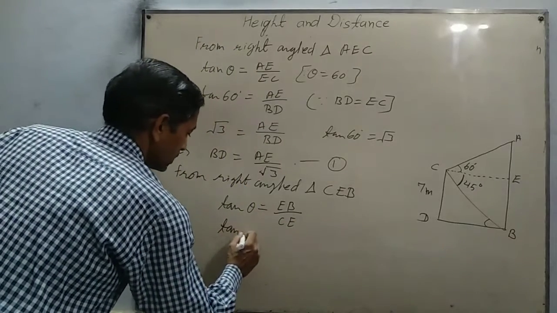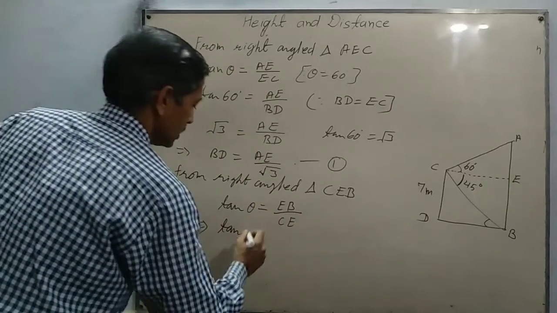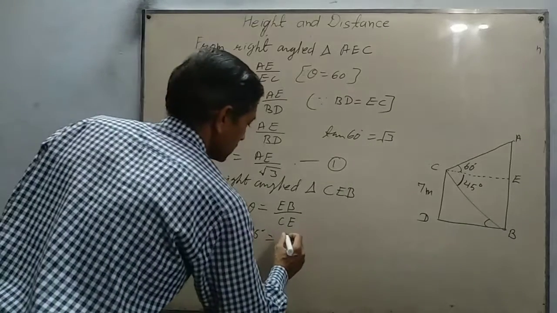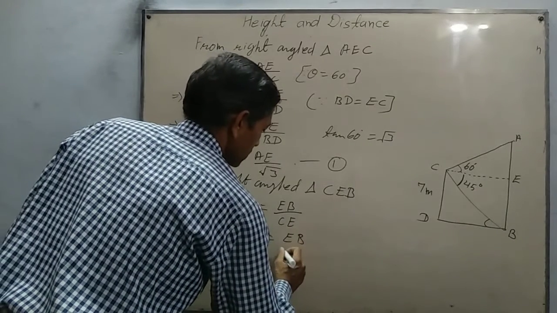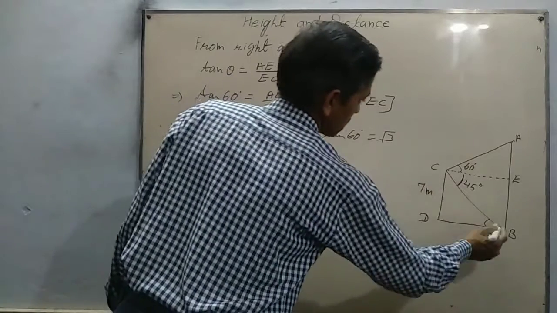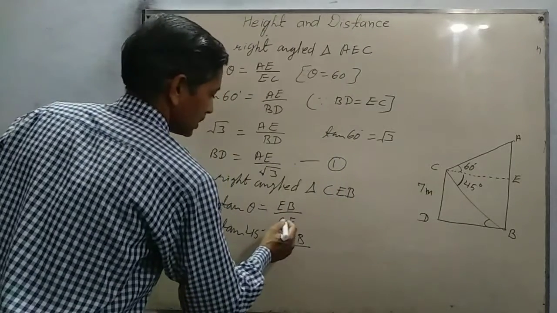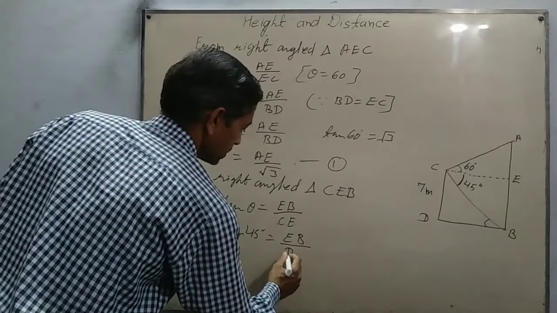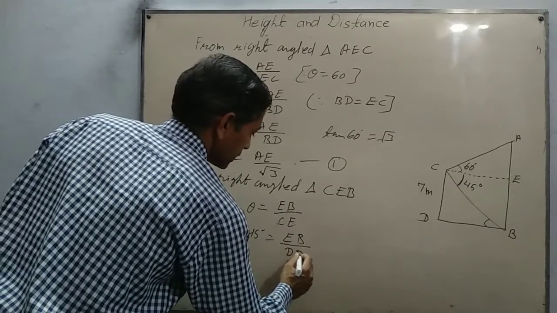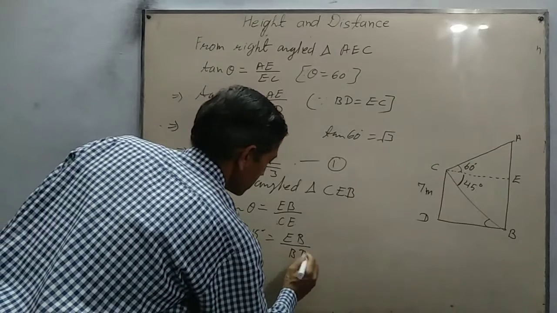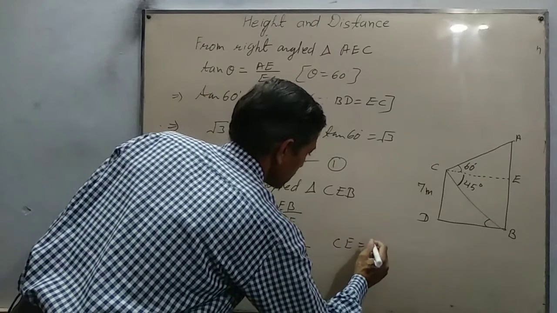Tan theta is equal to here 45 degree. So tan 45 is equal to EB upon CE. CE is equal to BD.